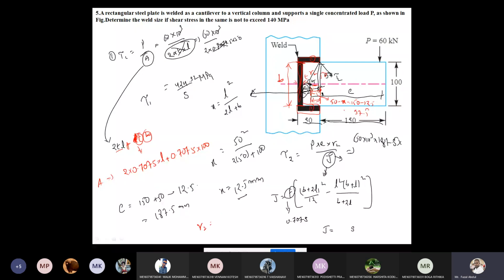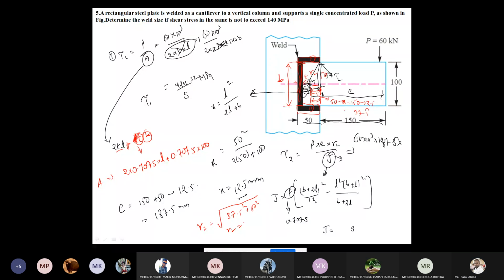Now what is R2? As per the Pythagoras theorem, R2 equals the square root of 37.5 square plus 50 square. Now tell me the R2 value. 62.5.